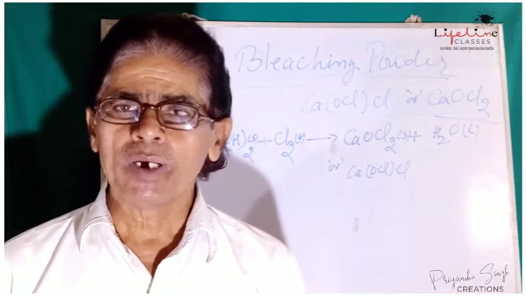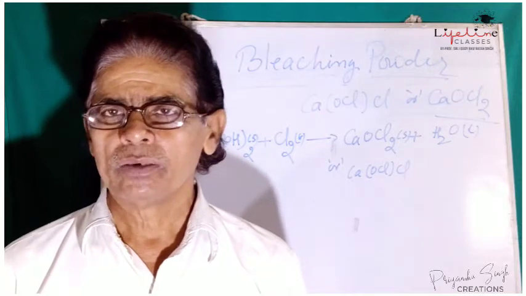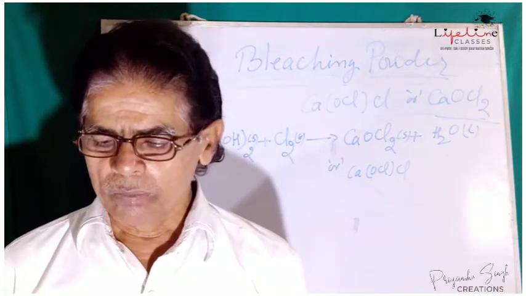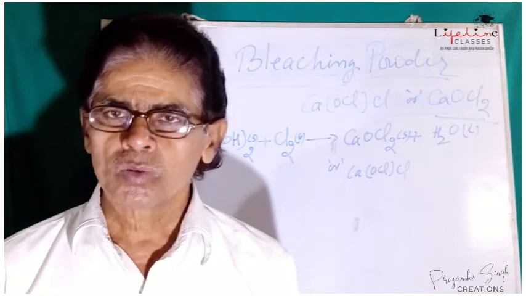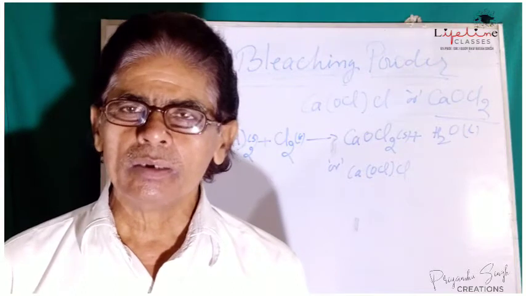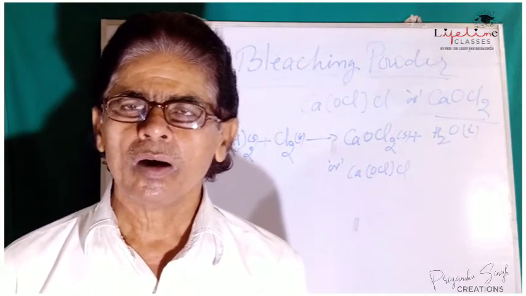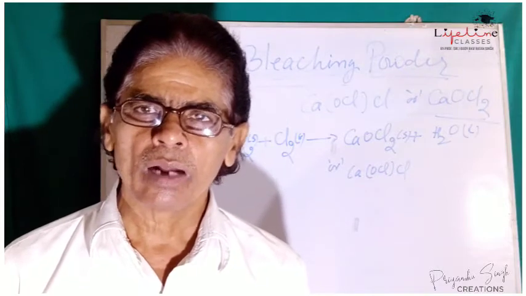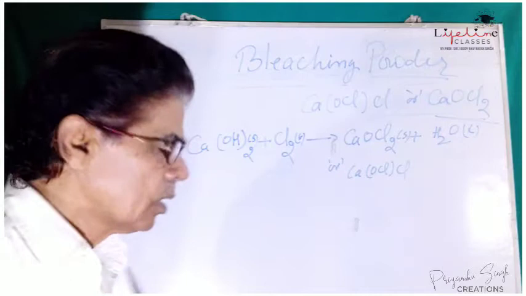So sodium carbonate can be obtained from sodium bicarbonate. Sodium carbonate is washing soda, and baking soda is sodium bicarbonate or sodium hydrogen carbonate. So let us try to understand what sodium carbonate is.